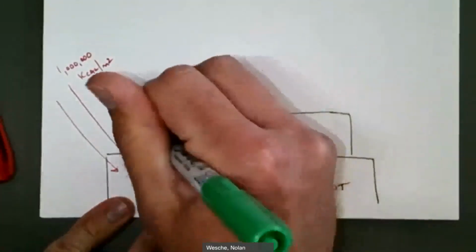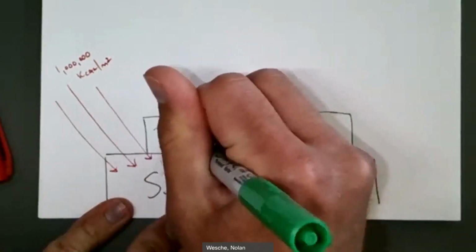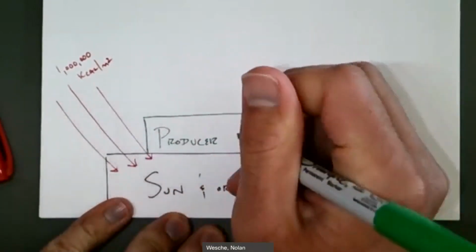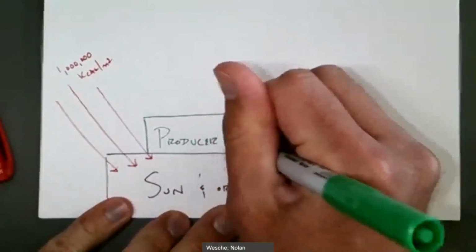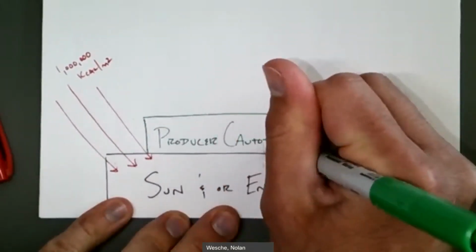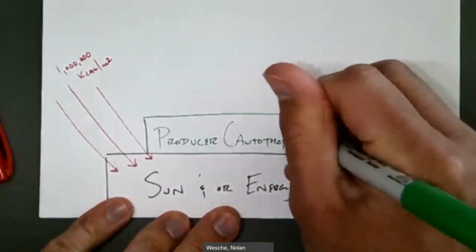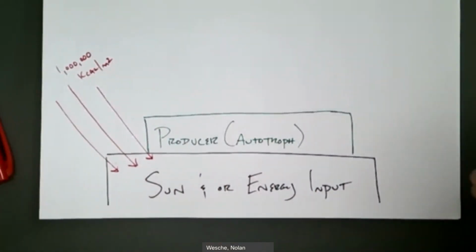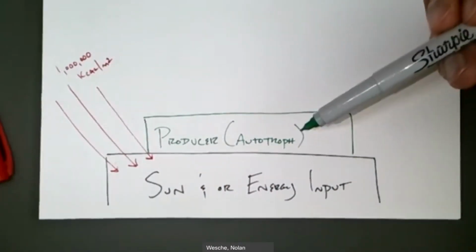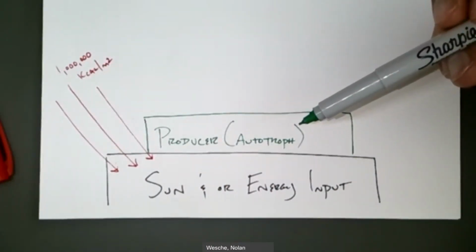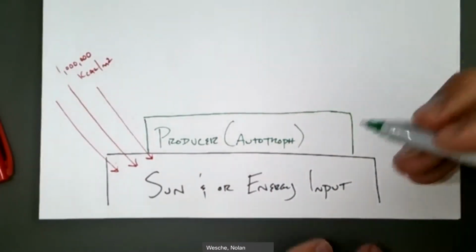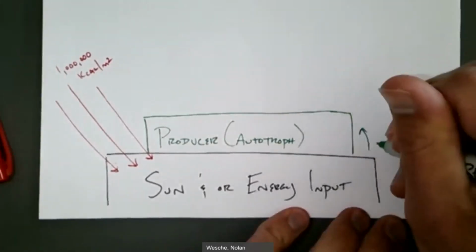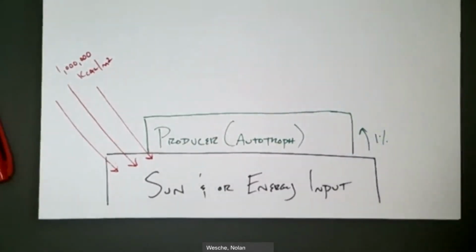And this would be our producers, or what we call autotrophs, that we know are photosynthetic. And what we would see typically from the sun to the autotroph level to the producer level would be about a 1% energy transfer. So we're talking about a 1% energy transfer, right?